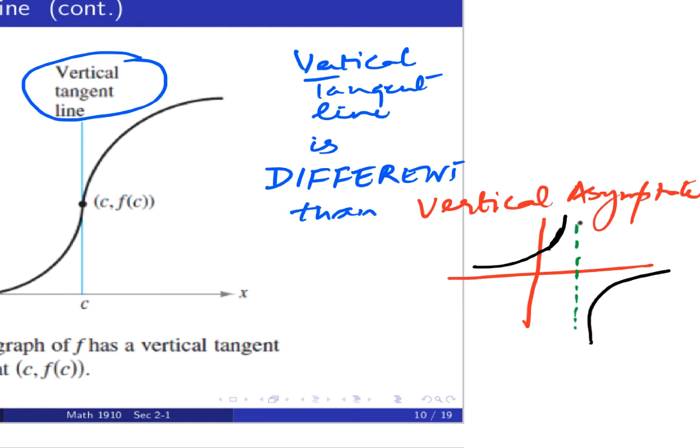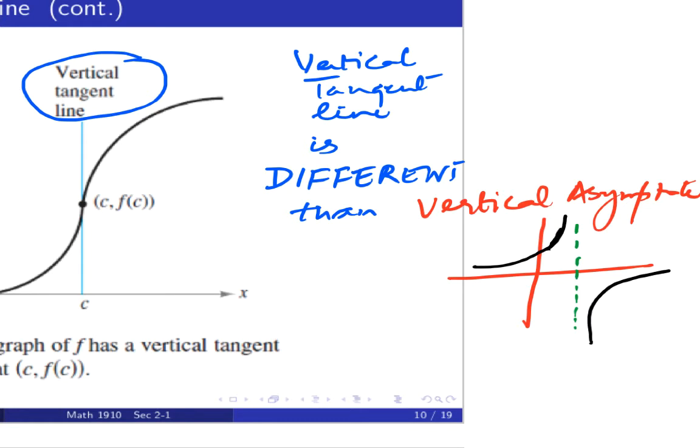This graph is never ever going to touch that vertical asymptote. That's the biggest difference, guys. A tangent line you see over here is going to touch the graph of the function, whereas the vertical asymptote, the vertical line x equals c, will never ever touch the graph of the function. So please be very, very vigilant.